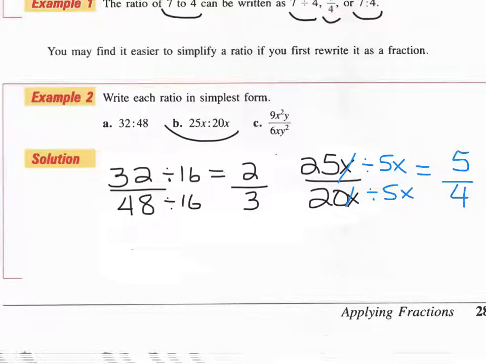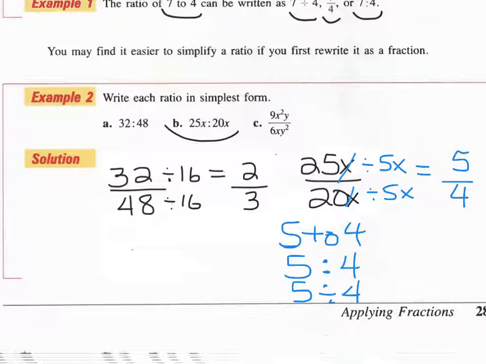And again, remember on all of these, we could also write them as 5 to 4, 5:4, or we could also write it as 5 divided by 4. These are going to be the 4 different ways that you're going to see a ratio expressed.